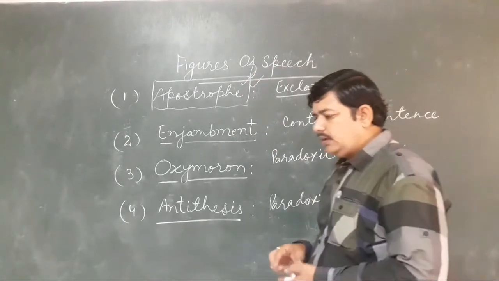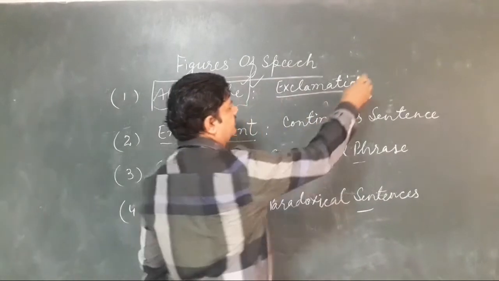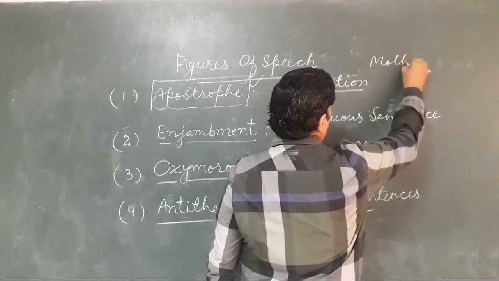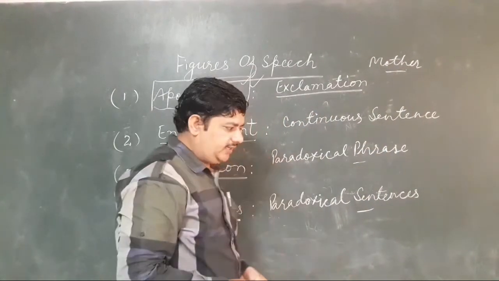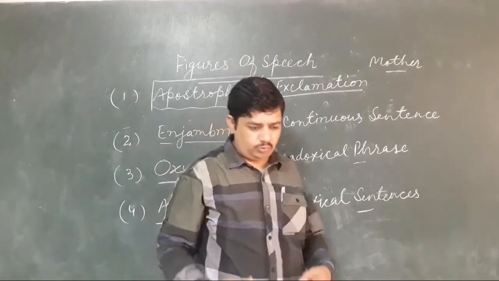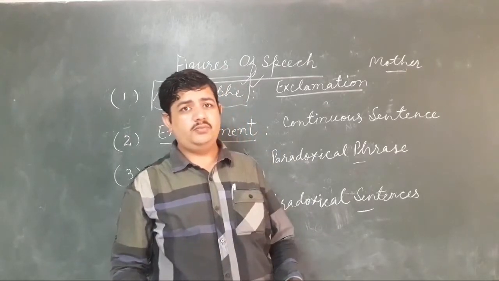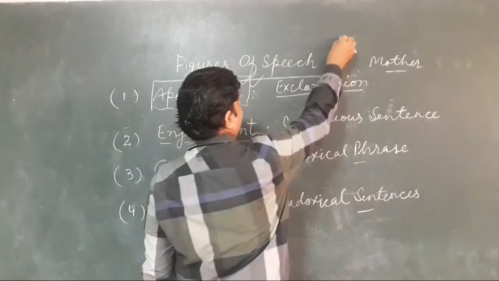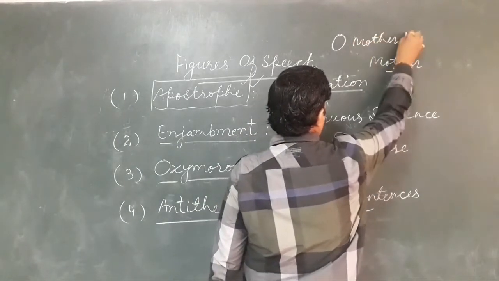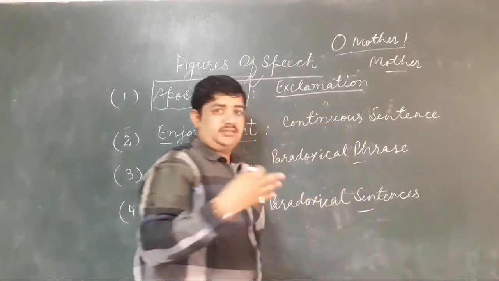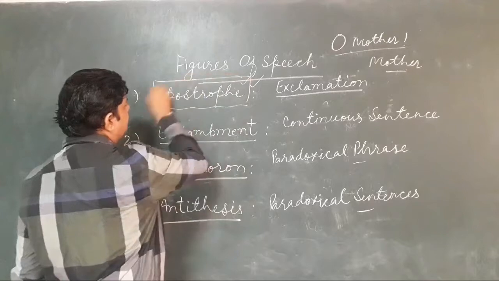Suppose one character is not there in the scene. It's a mother. Mother is not there in the scene. So the other character who is there on the stage says, "Oh mother, where are you? Oh mother." This exclamation is presented through this figure of speech.